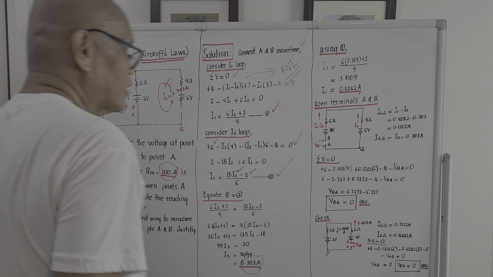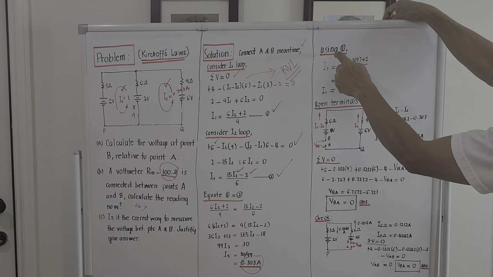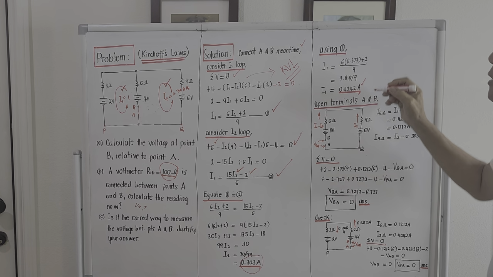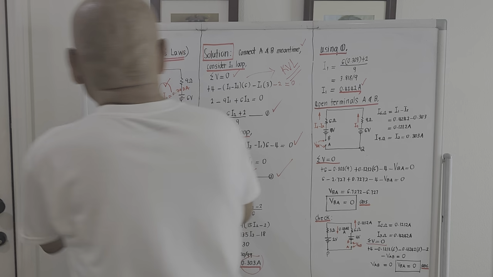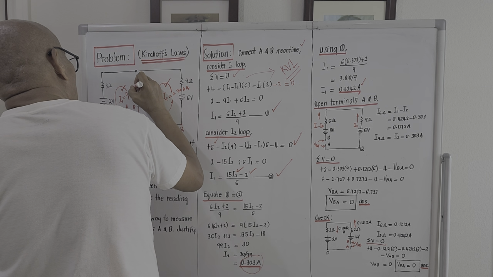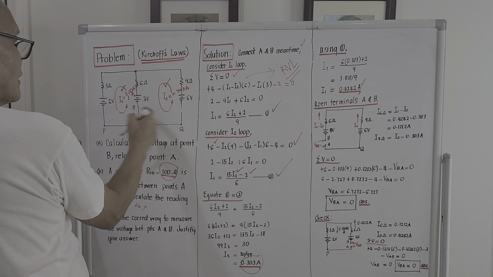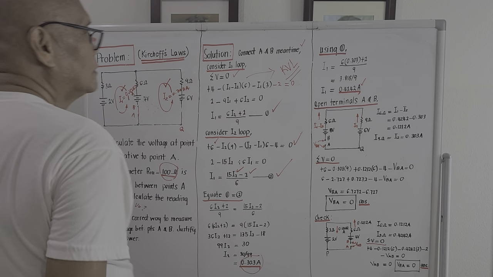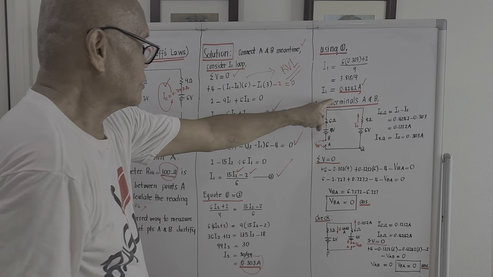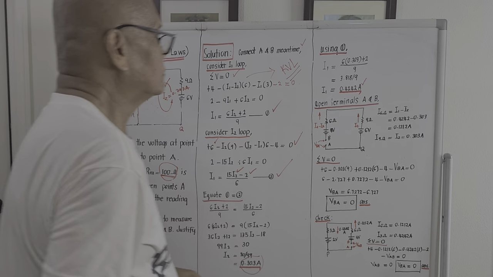We compute first for I sub 1. We know I sub 2, so using equation number 1, we could compute for I sub 1. I sub 1 will be 0.4242 amperes. I1 is bigger than I sub 2. Since this is plus and this is plus, our assumed direction of the currents are actually correct.